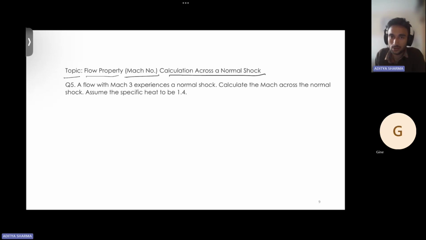Somebody, Harshit, has calculated M2. All right, we shall see. So calculate the Mach number across the normal shock. Assume the specific heat ratio to be 1.4.